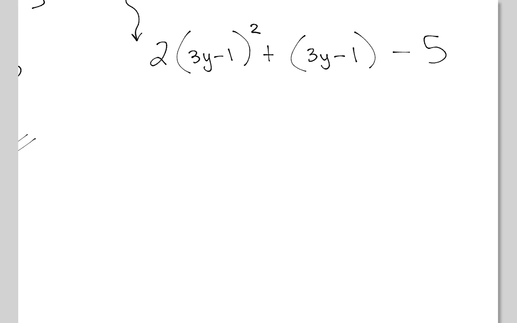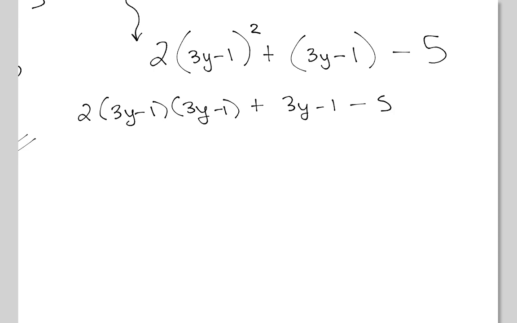What do we have to do here with the binomial being squared? Yeah, you've got to write it twice, and you're going to have to do what with that? FOIL, right? So leave the 2 on the outside for now.